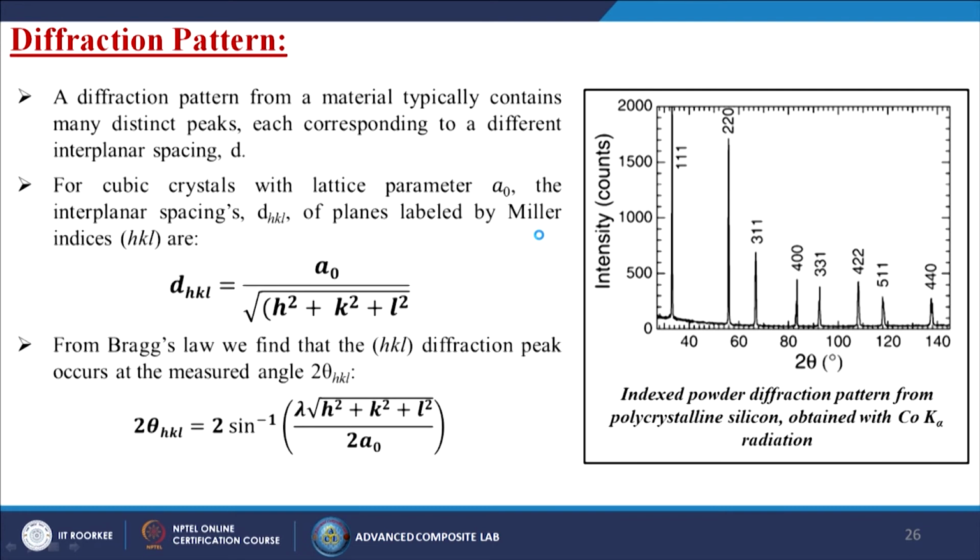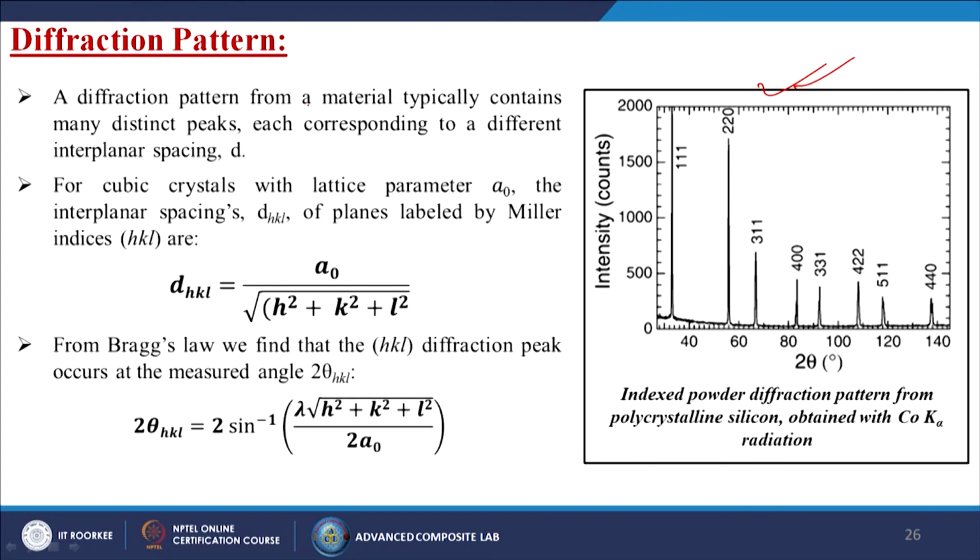Generally, after doing the XRD study, whatever graphs we plot look like this. A diffraction pattern from a material typically contains many distinct peaks, each corresponding to a different interplanar spacing, or D. For cubic crystals with lattice parameter a0, the interplanar spacing d_hkl of planes labeled by Miller indices hkl is d_hkl = a0 / root of (h square plus k square plus l square).